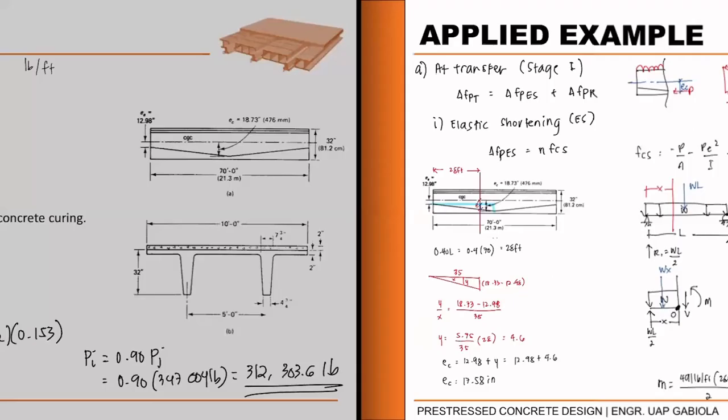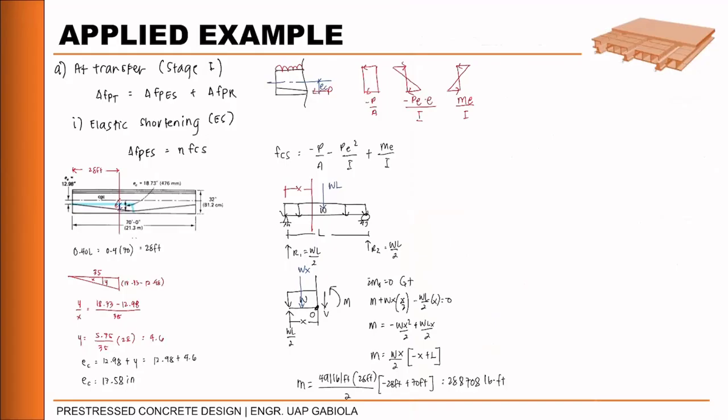So dito, balikan natin, yung magiging value natin for PI is 312,303.6 pounds. Okay? So now we can calculate yung FCS natin. So si FCS equals to negative 312,303. Lagay ko nga ito sa taas.